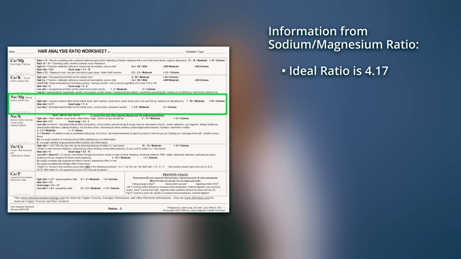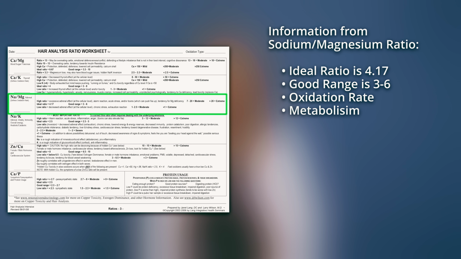Moving on to the sodium to magnesium ratio, that's the first of the 2 adrenal ratios, and your ideal ratio is 4.17, with the good range being between 3 to 6. This is another ratio that gives us insight into the oxidation rate, metabolism, and also tells us how well the body is handling stress and how much the body is being affected by toxicity.